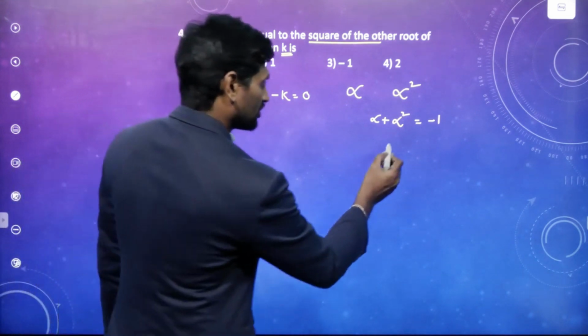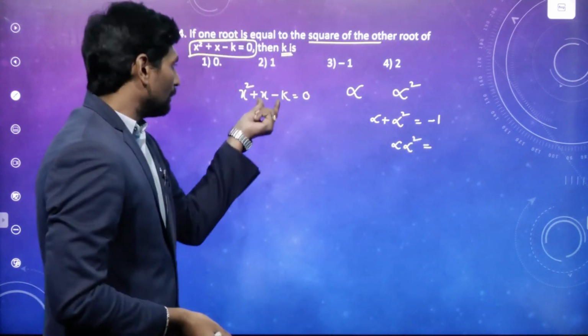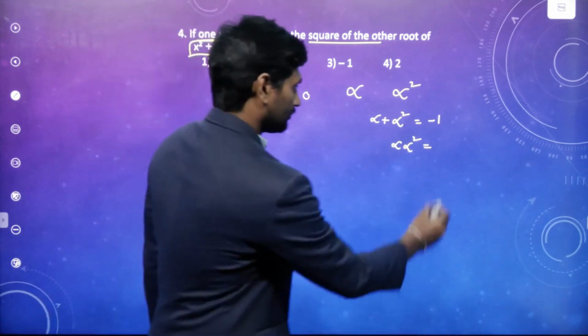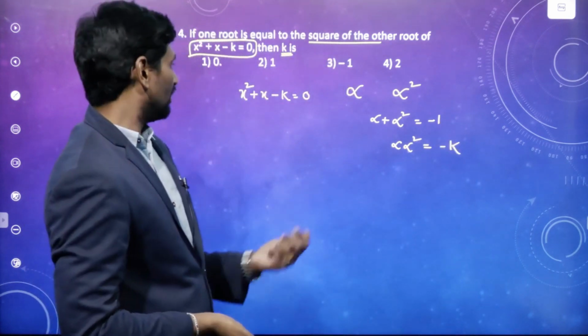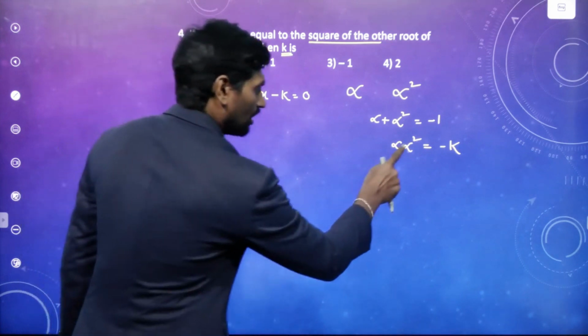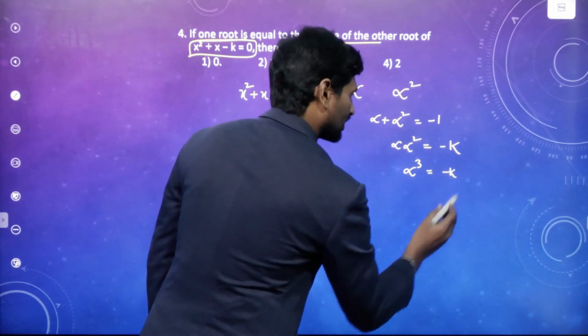Product of roots: alpha into alpha square equals c by a. In the place of c we have minus k. This type of model is already given in your previous exercises. So alpha into alpha square, alpha cube, equals minus k.